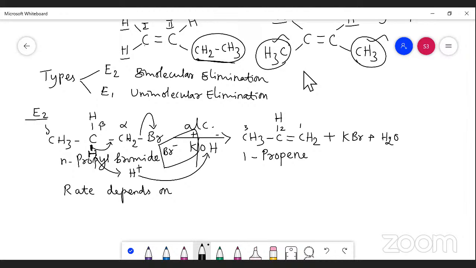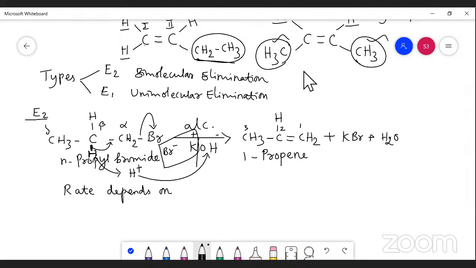So you see first, here I have taken one reactant as N-propyl bromide and another reactant as potassium hydroxide. Have I involved both reactants? Yes. N-propyl bromide is involved and potassium hydroxide is also involved.